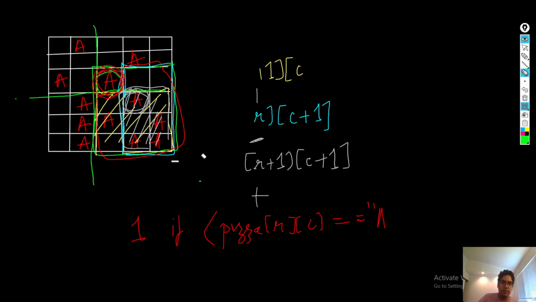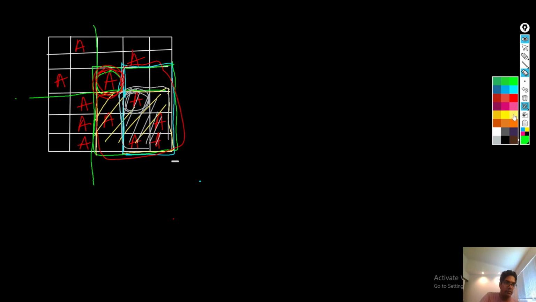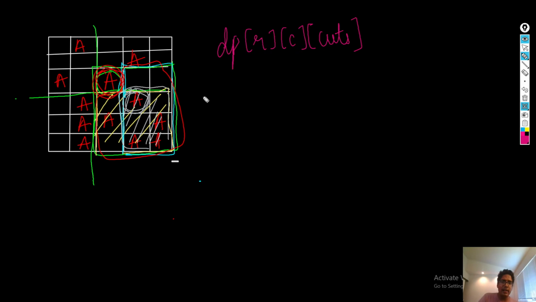When we start making these cuts, let's figure out the formula for dp. At any given RC, what we want to do is compute the dp value of RC at a given particular cut. So you want to do all the possible row cuts.